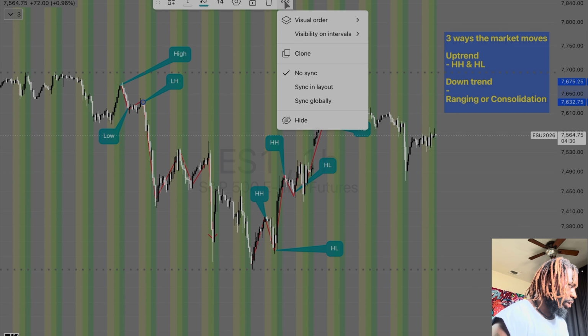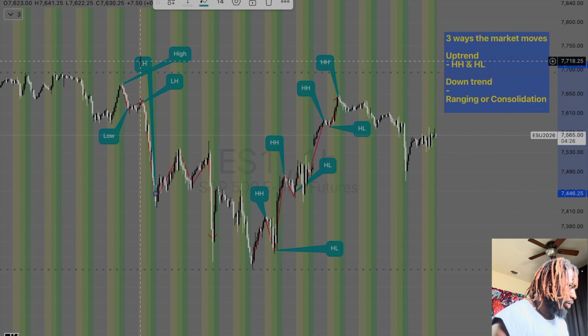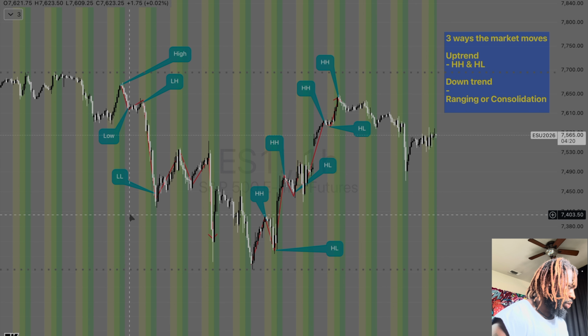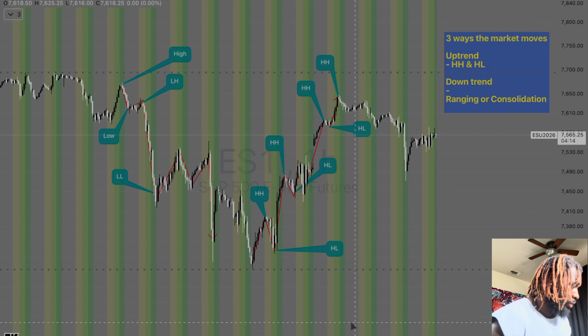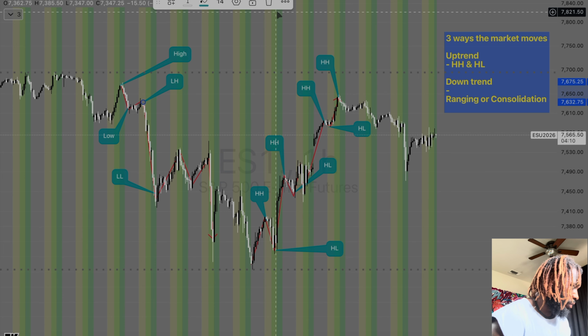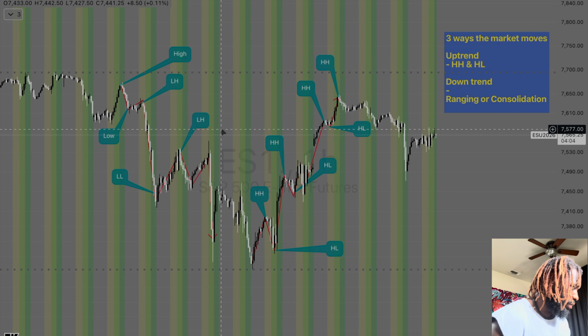Then if we go right here, we made a lower low. Right here we made a lower low. Then you can see right here, let's clone this one. This is a lower high.